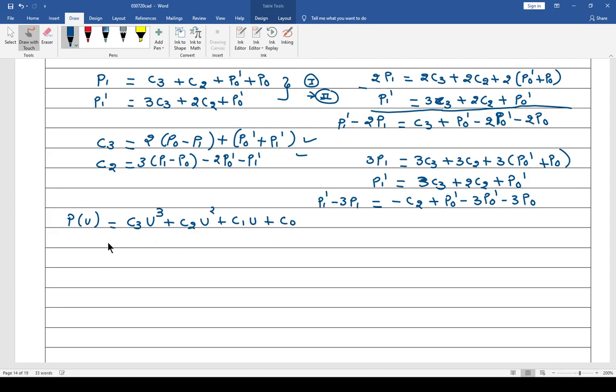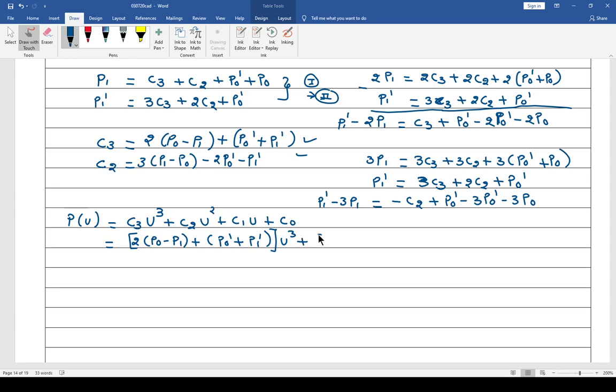Now C3 I am aware of, so that is 2 into P0 minus P1 plus P0 dash plus P1 dash, into U cube.